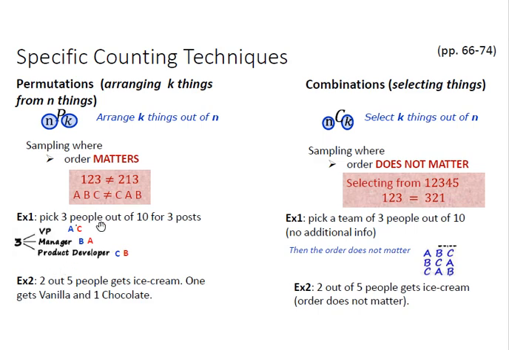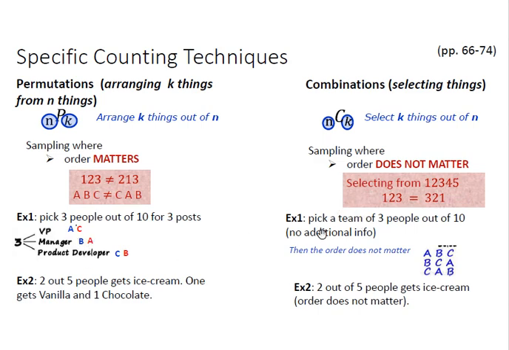You can see the differences. So ABC here is not the same as CAB. Imagine if you were A, here you are vice president, but here you are manager. It's a big difference.